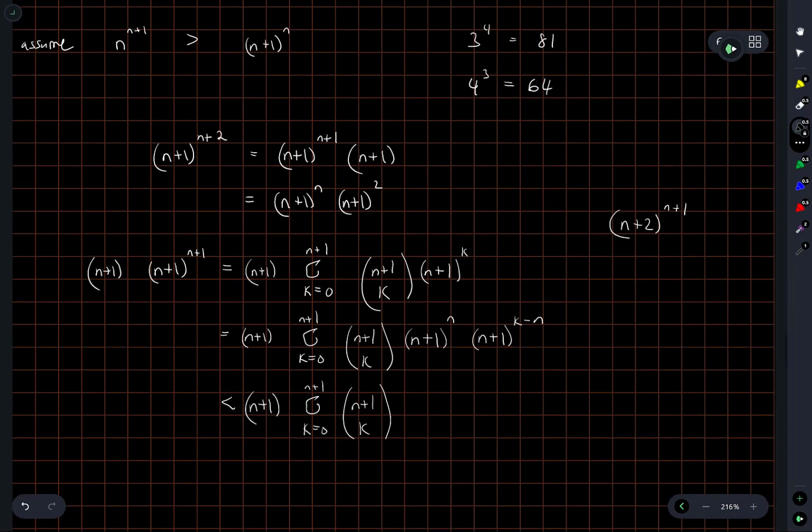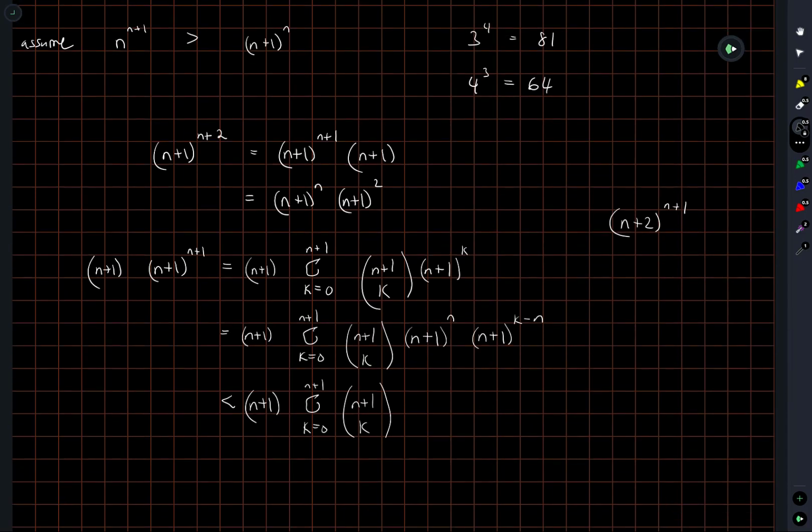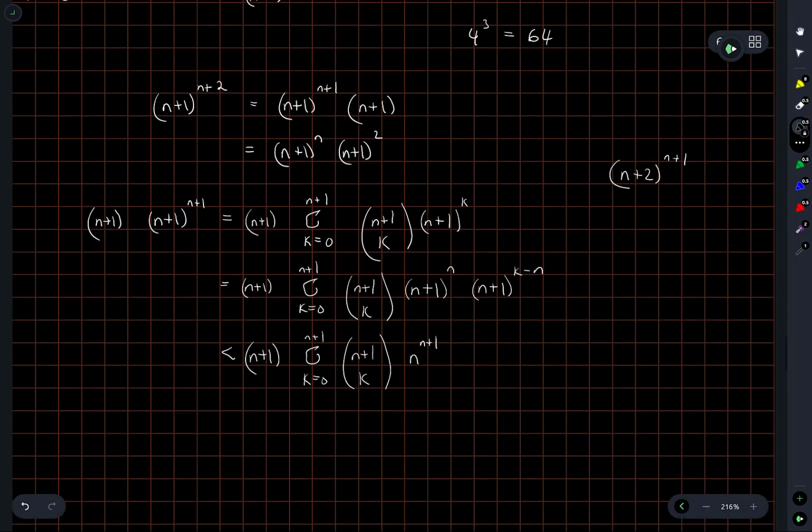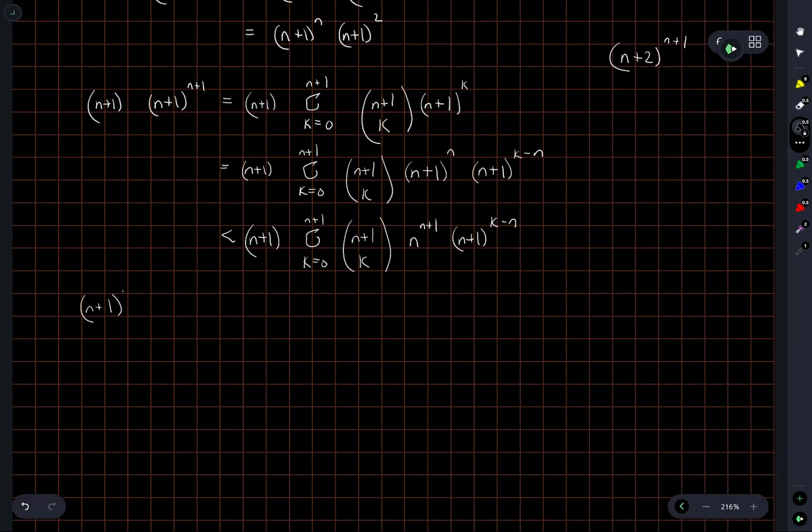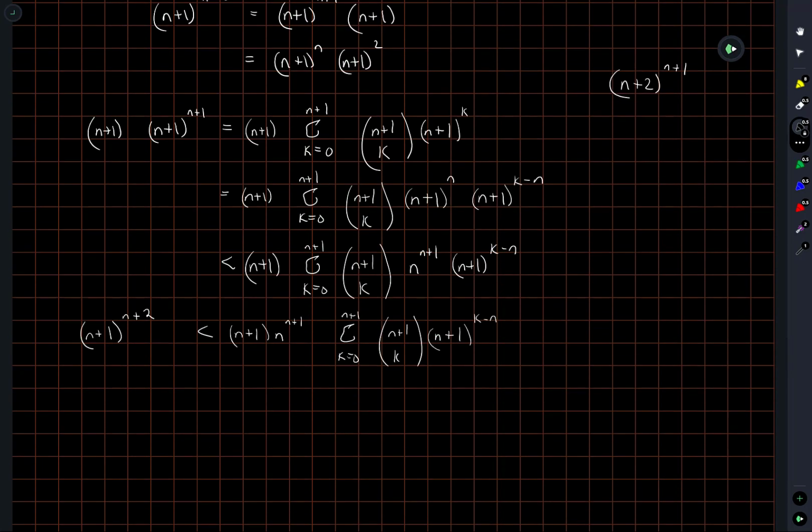So n plus 1 to the n, so we can replace this with n to the n plus 1. Here I have n plus 1 to the k minus n. I don't see how I'm going to get an n plus 2 anywhere out of this expression.